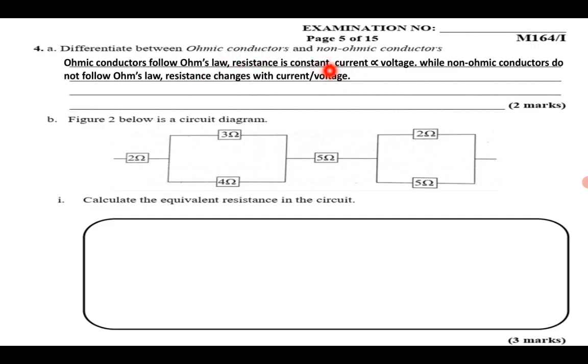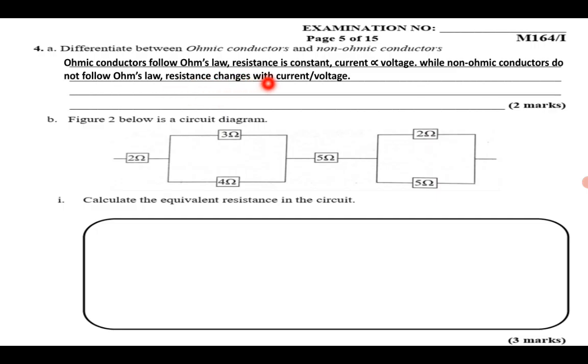An example is copper wire. Copper wire doesn't heat up that much, and its resistance can remain constant for a long time. And when you plot a graph of current versus voltage for such a conductor, you produce a straight line through the origin. Well, non-ohmic conductors are those which don't obey Ohm's law.